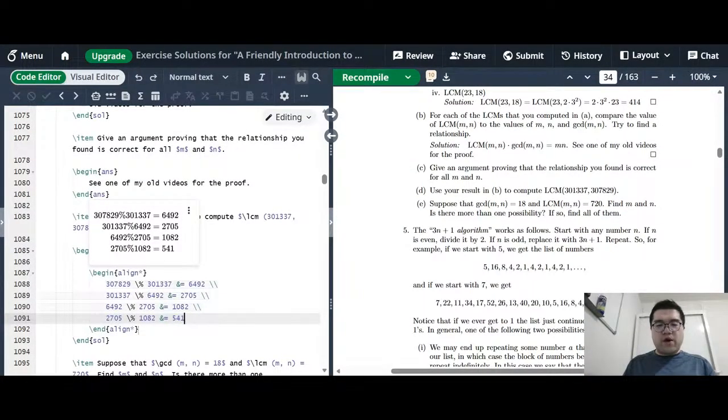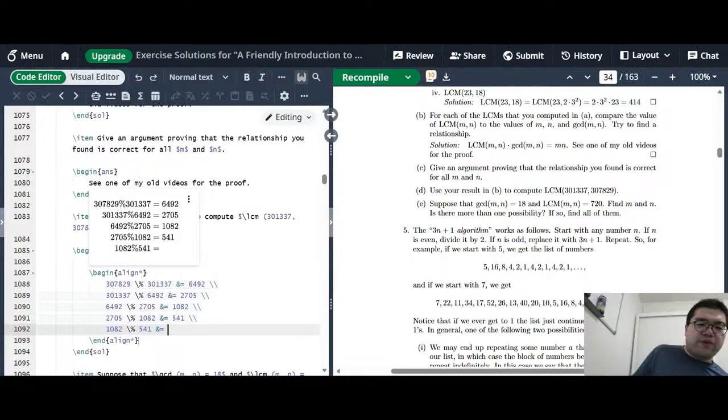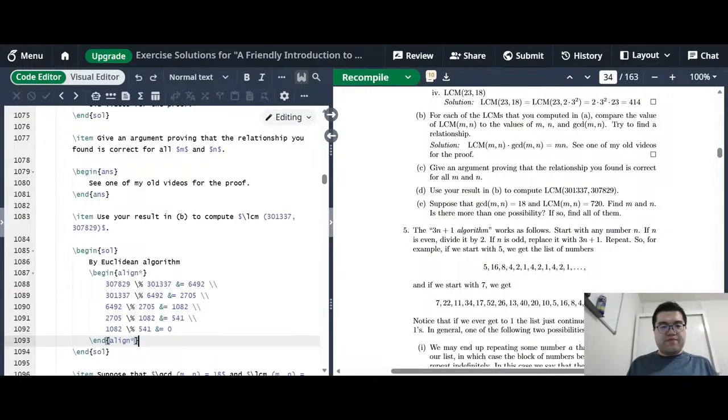We have 541, non-zero. We're going to do it again. So 1082 divided by 541. In fact, we don't have to use it, because we see that if we multiply 541 by 2, we actually get the dividend, so we actually get a 0 here. Okay.